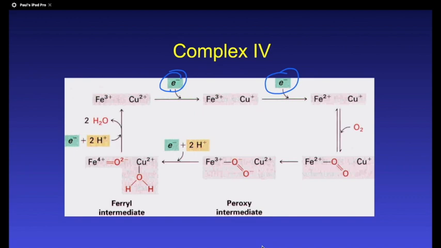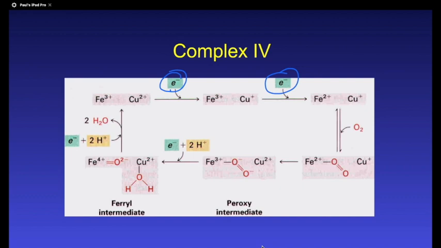If you're coming in at an angle, you can't overlap as well between the 2 atoms, so it creates a weaker bond to oxygen. We do not want to bond strongly to oxygen, because we would lock it up and it would never be released, never be able to accept these electrons. By having it weakly bound, it allows us to do the next process.